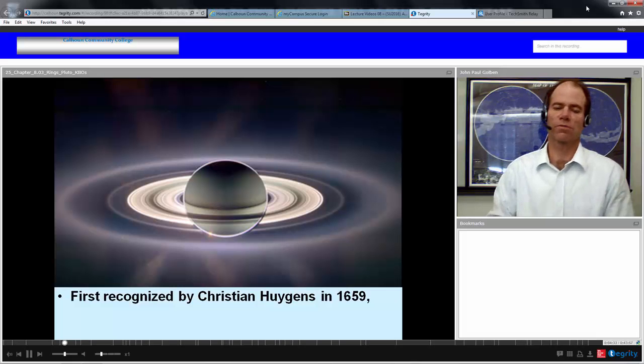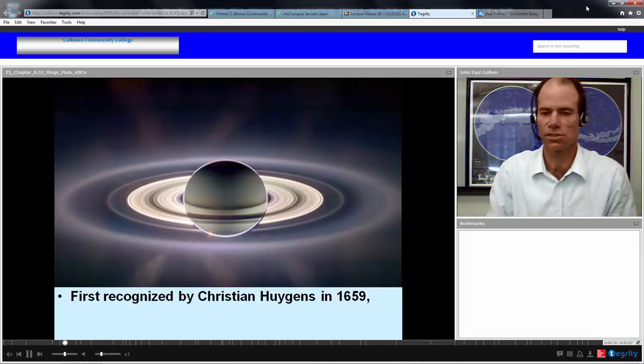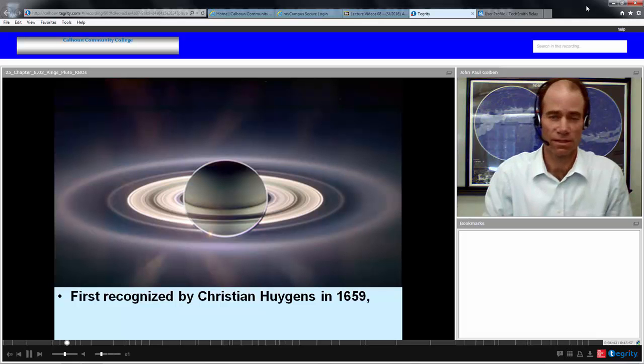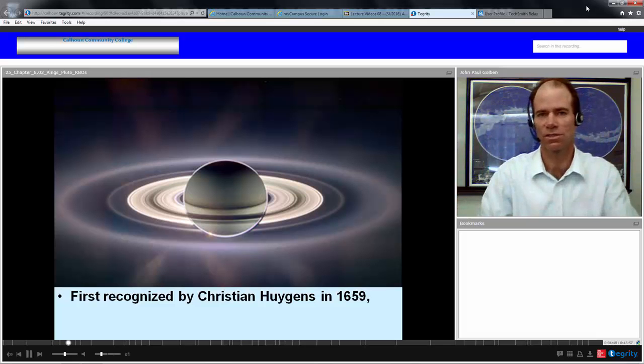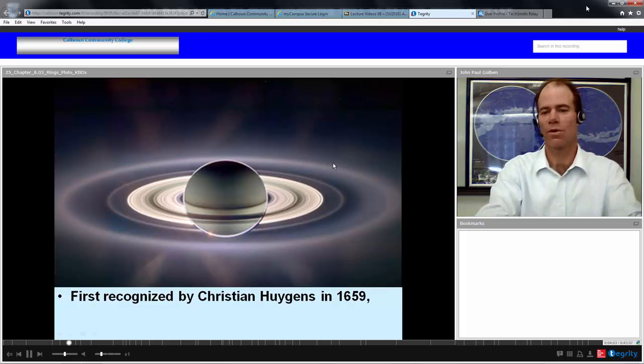The ring system was first recognized as such by Christian Huygens in 1659. Now we note that Galileo had seen the rings of Saturn way back in 1609, but he called them the ears of Saturn. He didn't know what they were, and with his resolution, they just looked like ears on the planet. But Huygens recognized that they were indeed rings.